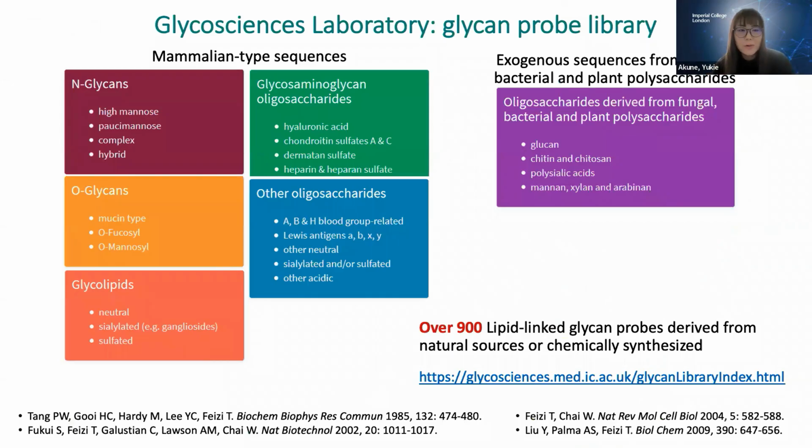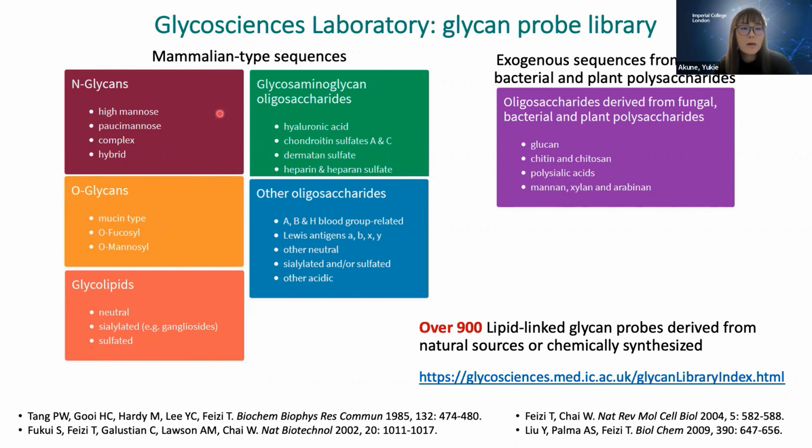Before going to the software, I'd like to start with the background of our laboratory, also CarbArrayART. In our lab, we have over 900 glycan probes, which are lipid-linked glycolipids and neoglycolipids. And this is the basic categories we have in our libraries.